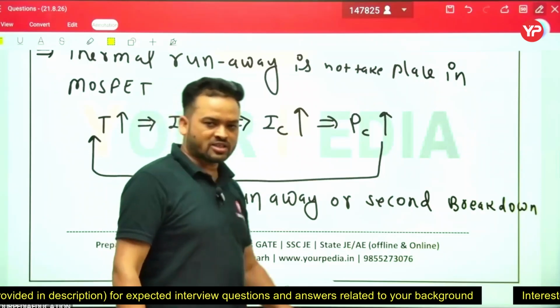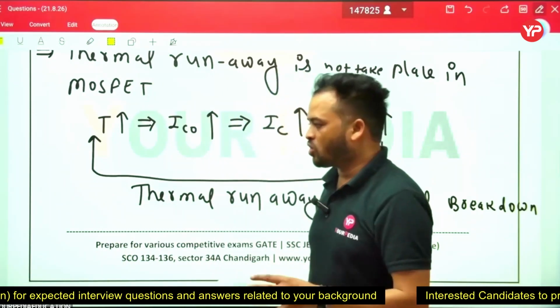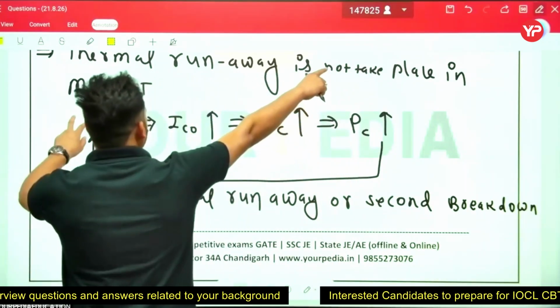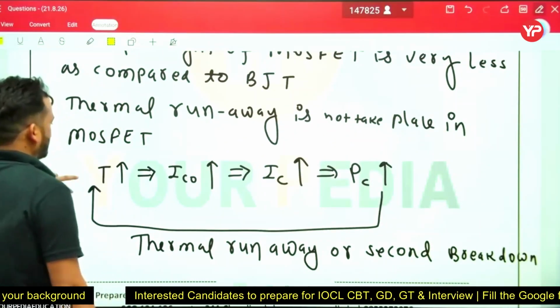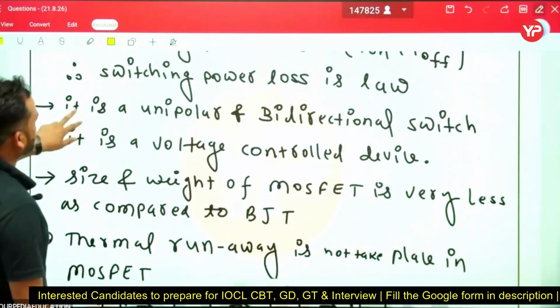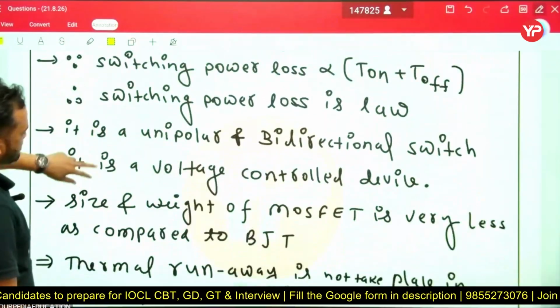Thermal runaway takes place in the BJT, but not in MOSFET. This is a writing mistake, please correct it. Thermal runaway does not take place in MOSFET. Yes, good. Each and every point is clear.